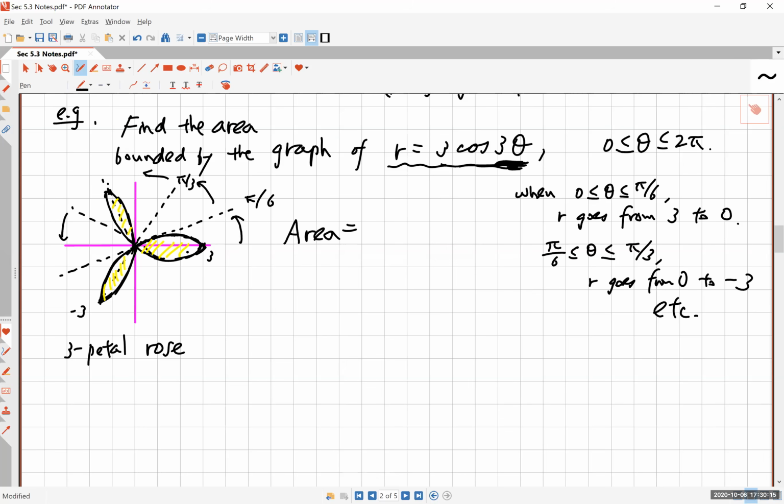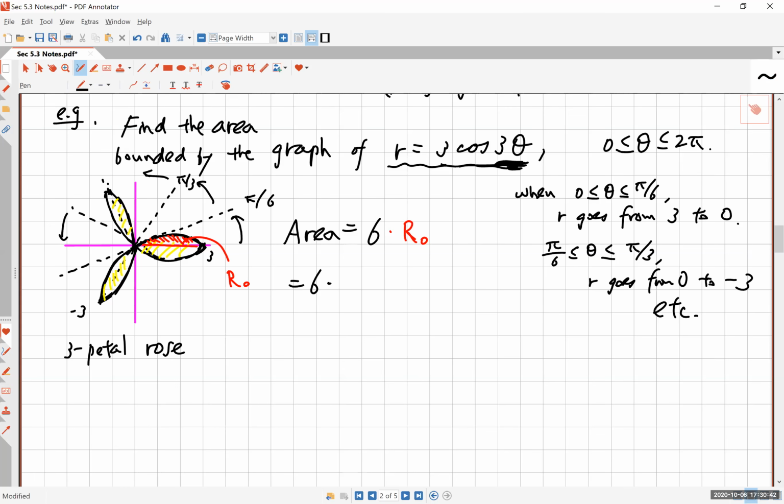But each petal is also symmetric, so why don't we just find this area here, and let's call this R0. The entire area is 6 times the area of R0, which is 1/6 of the entire area.